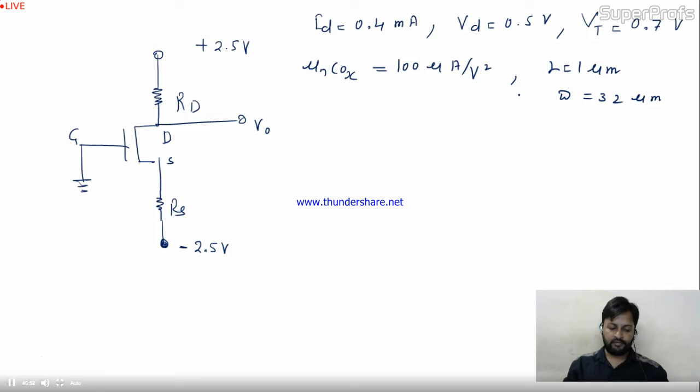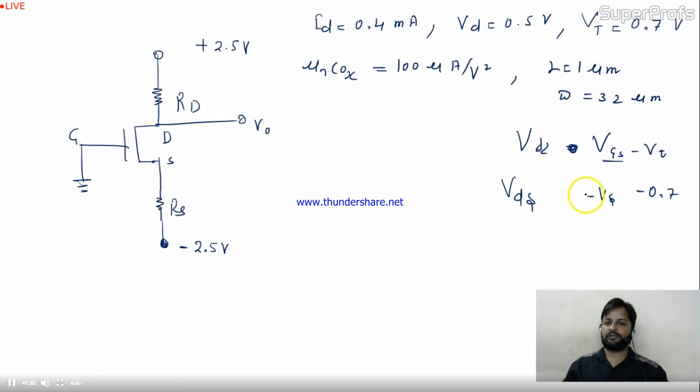Friends, you need to check whether the transistor is working in the active region or the saturation region. What is the condition? You have to check VDS greater than VGS minus VT. VT is fixed, given as 0.7. Now you need to calculate VGS. VG is given as 0, so VGS will be VG minus VS. I can write VD minus VS greater than minus VS minus 0.7.